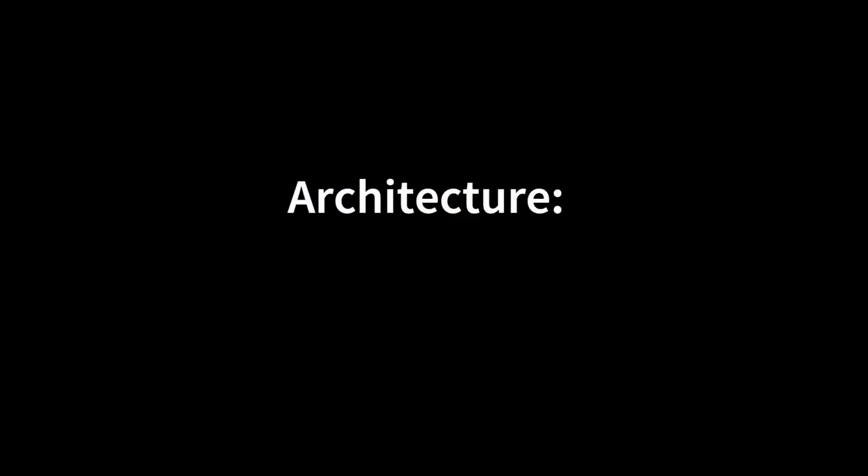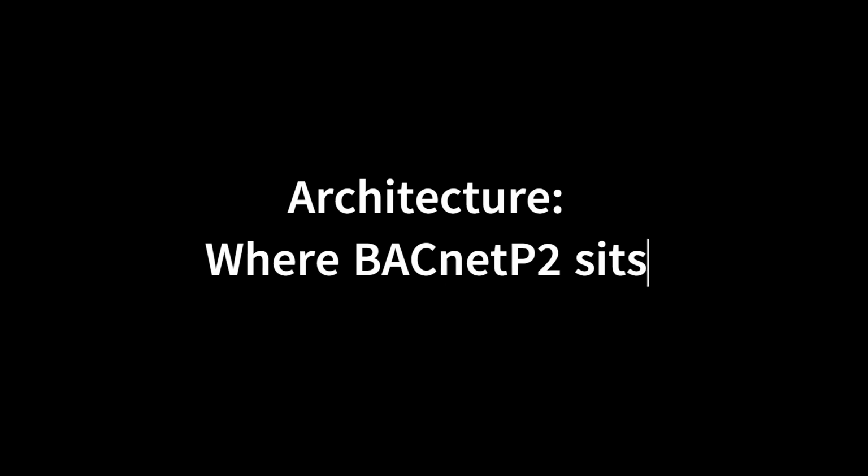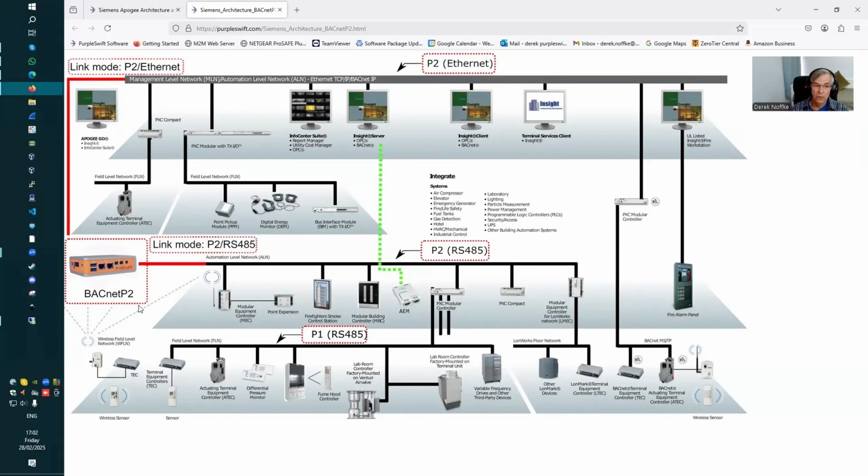I will start off by showing you the Apogee architecture and where our gateway will sit on your network. This is an image of a device running our software, and it connects onto this connection point, which is the P2 485 or the P2 Ethernet, which is drawn up over here.